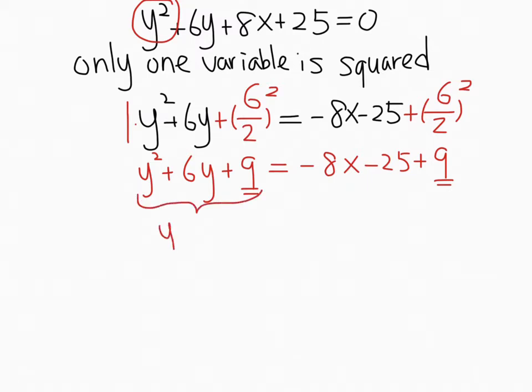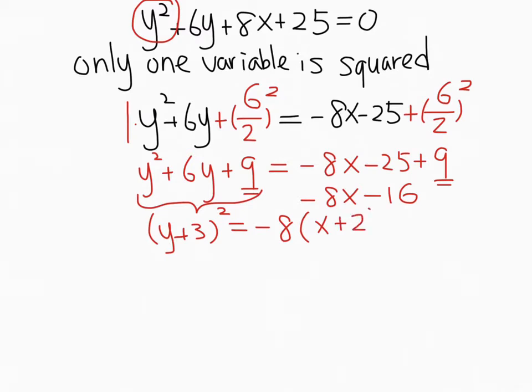Y plus 3 squared equals negative 25 plus 9, so that's negative 16. And what's the common factor between negative 8 and negative 16? Can I factor out negative 8? Then I can rewrite the equation as y plus 3 squared equals negative 8 times x plus 2.